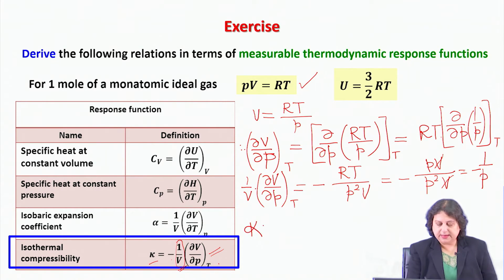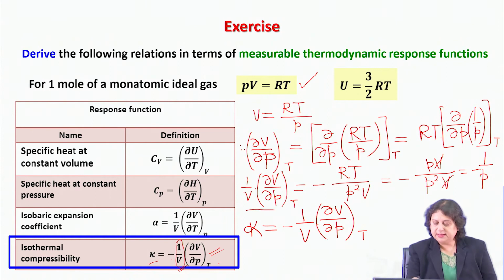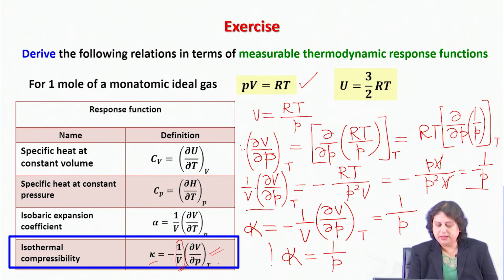Kappa is equal to minus 1 by V into del V del P at constant T. By this expression, this is nothing but 1 by P. So now you have been able to show that kappa is equal to 1 by P for an ideal gas.